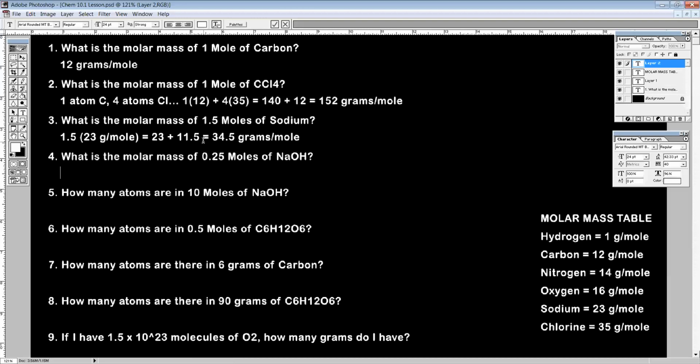All right, what's the molar mass of 0.25 moles of sodium hydroxide? And first thing we need to figure out is what 1 mole is. So we have 1 atom of sodium, and sodium is 23 grams per mole. We have 1 atom of oxygen.